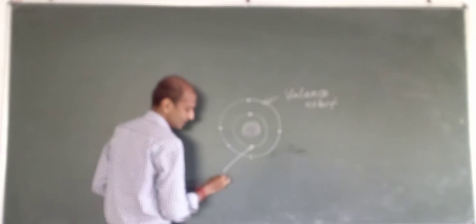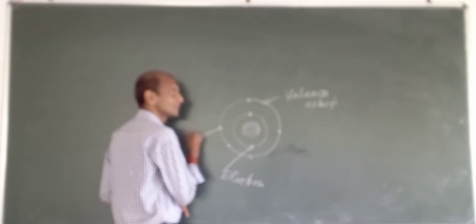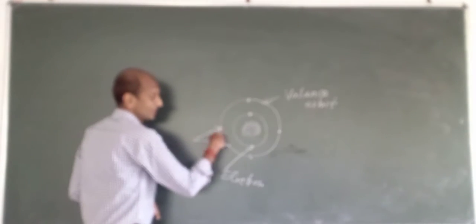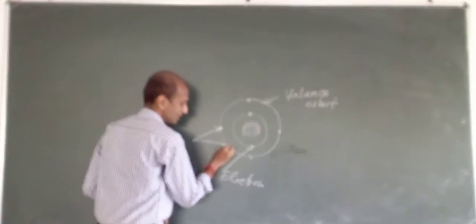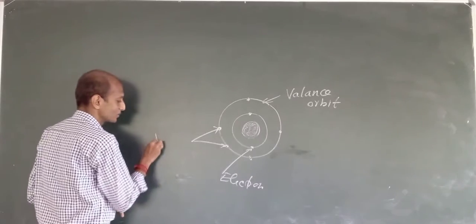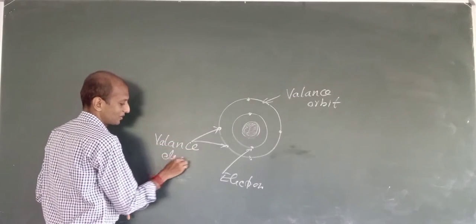These are electrons. This is a normal electron, and because these electrons are there in the valence orbit, they are called valence electrons.